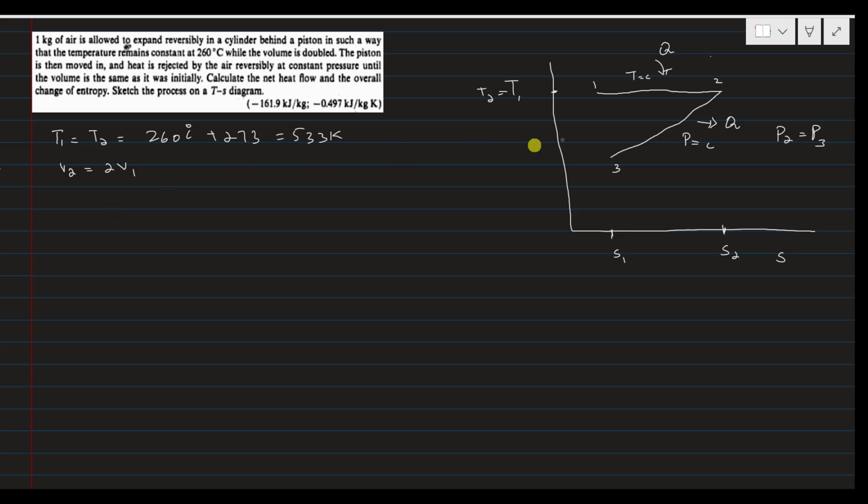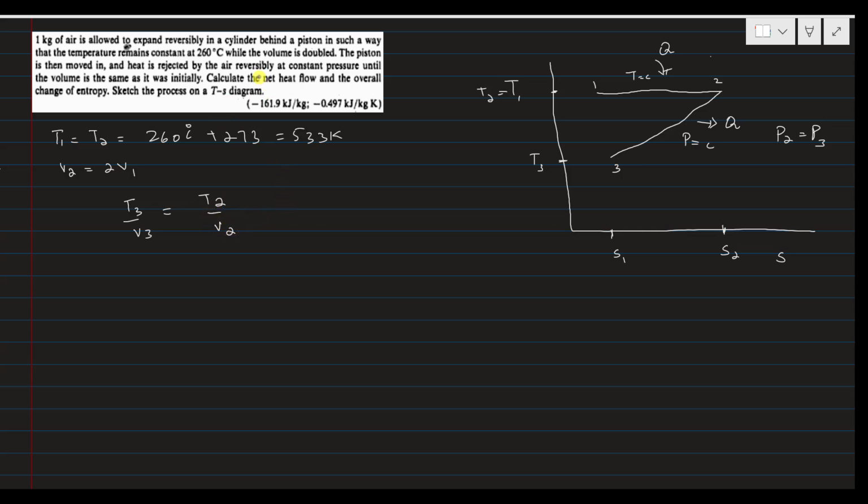Now consider process 2 to 3, which is at constant pressure. If the pressure is constant, then from the volume to temperature relationship you can find the temperature T3, which is our requirement. So I can write T3 divided by V3 equals T2 divided by V2.